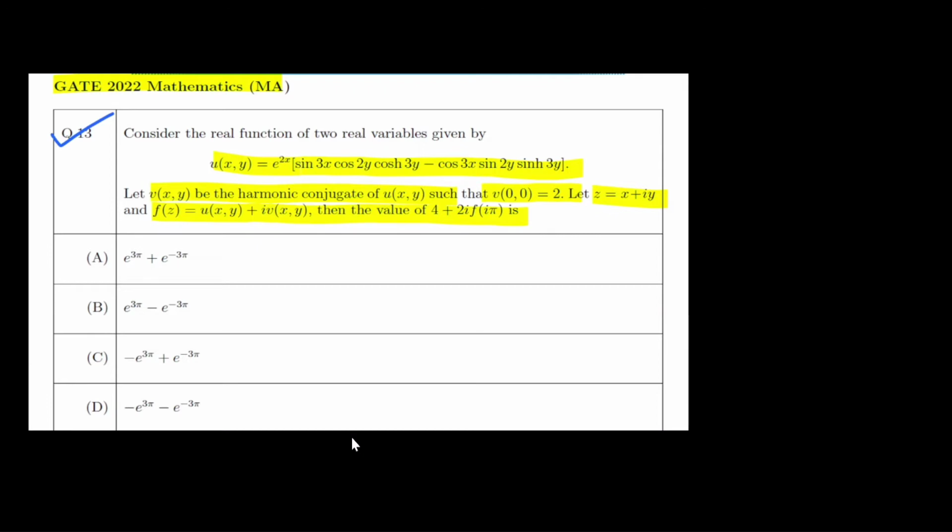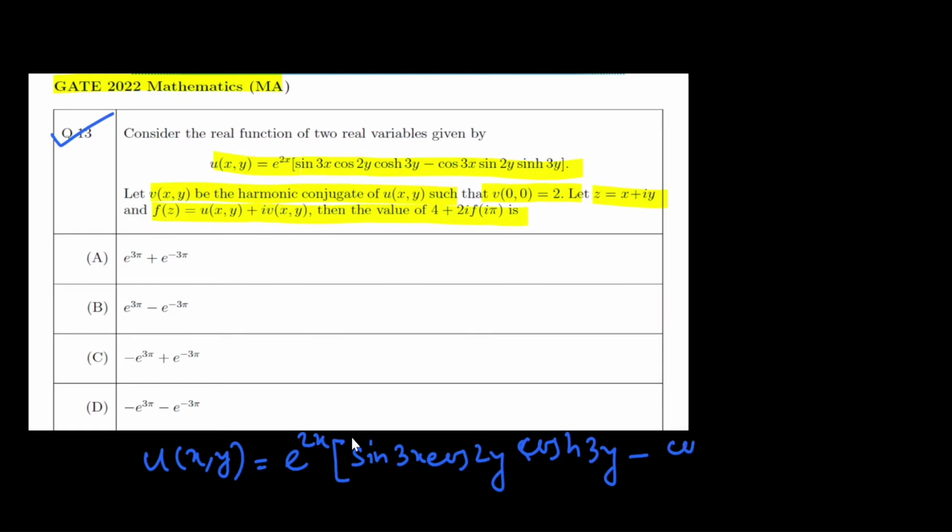So first, given that u(x,y) is equal to e to the power 2x [sin 3x cos 2y cos hyperbolic 3y minus cos 3x sin 2y sin hyperbolic 3y].